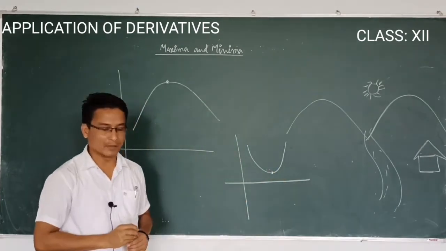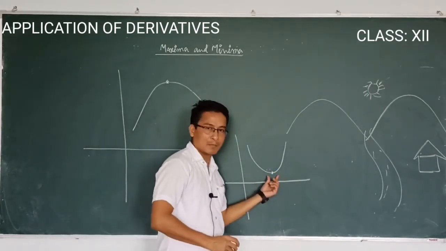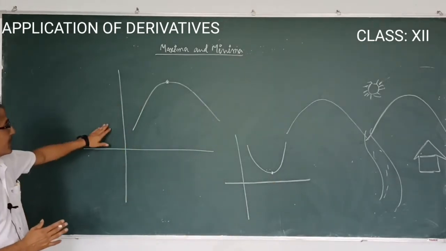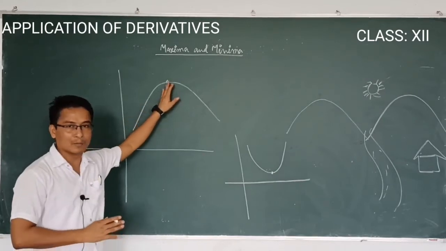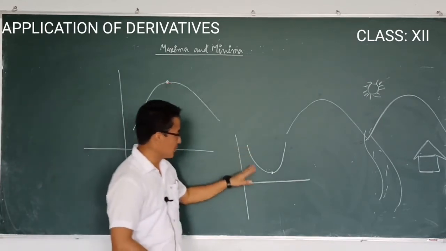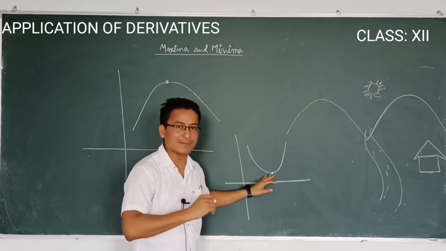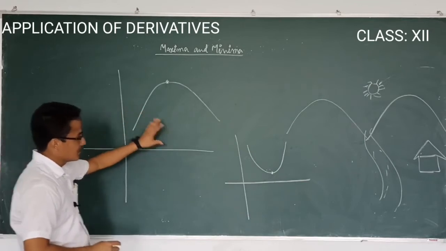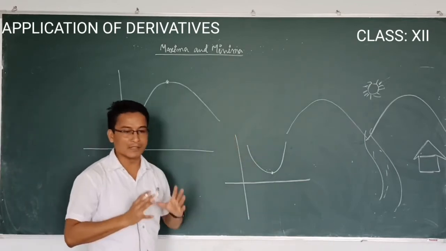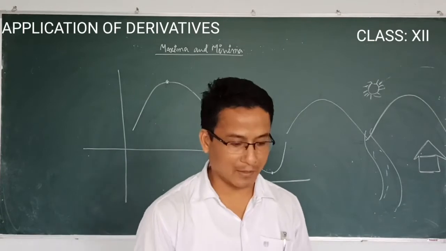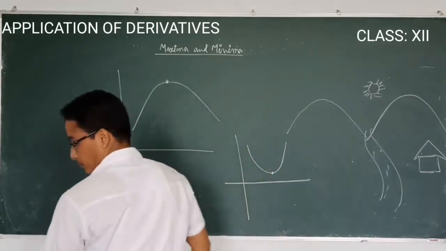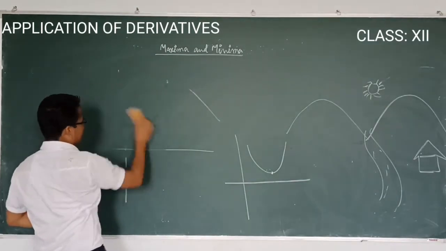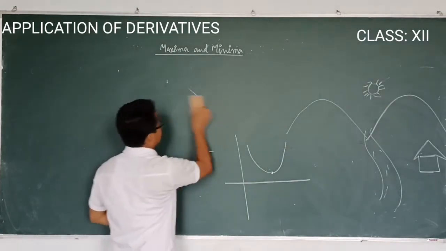When I reverse this drawing in this way, this point is the minimum point. This is known as minima. So what do we understand? Maxima means the peak point of the curve, and minima means the lowest point of the curve. This is the first concept we understand about maxima and minima.